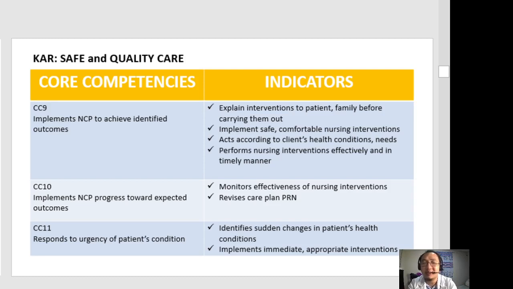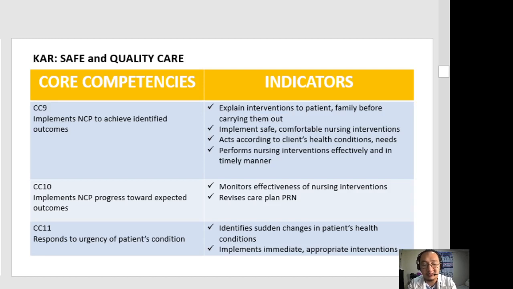And number 10, you monitor the effectiveness of your nursing interventions. How can you say that your actions were effective? You evaluate. You go back to the patient, you ask the patient, or you assess, so as not to confuse you. Get evidence, get proof that your actions corrected the problem.